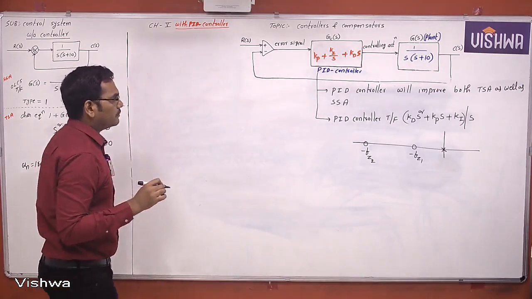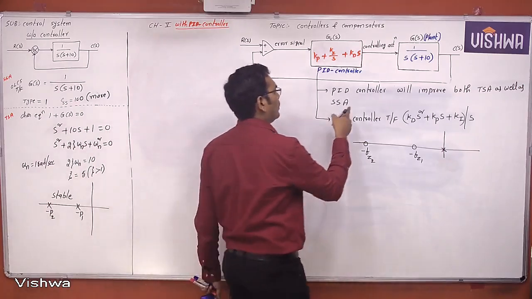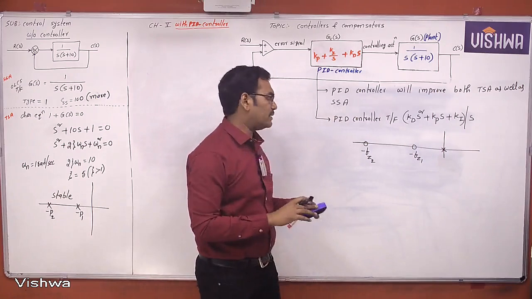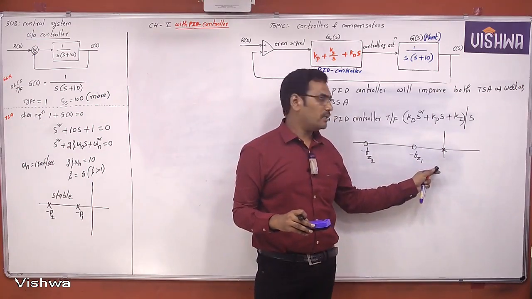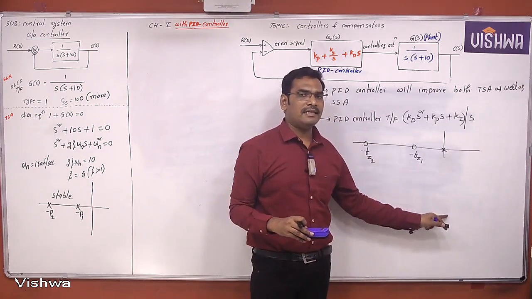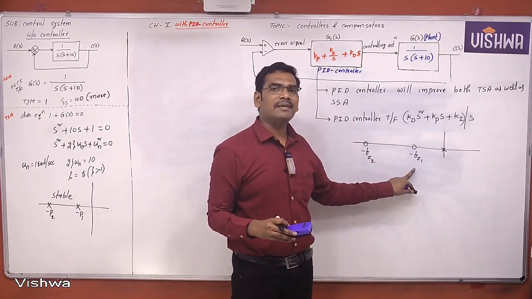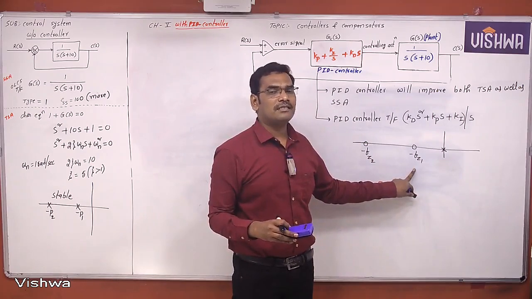Now see here, this is the PID controller, with one pole at the origin and two finite zeros. You know that generally when a pole is added at the origin, the type is increased and the error decreases. When the error decreases, stability is affected. That affected stability is compensated by the first finite zero.